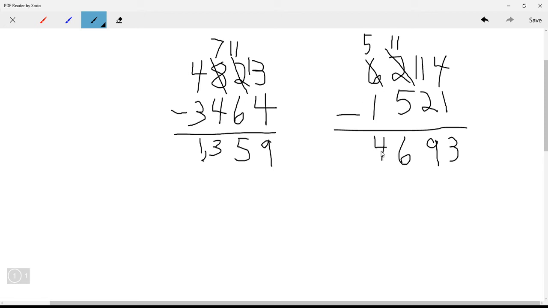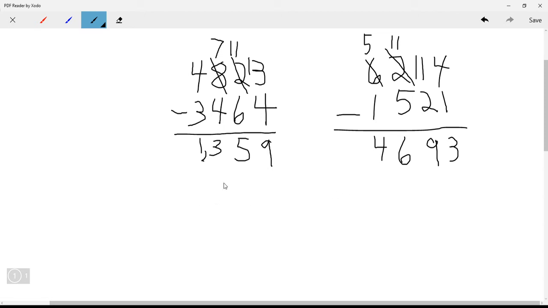Now this method, basically you just need to understand it, and once you get in the habit of doing it, you'll pretty much be on point with it.